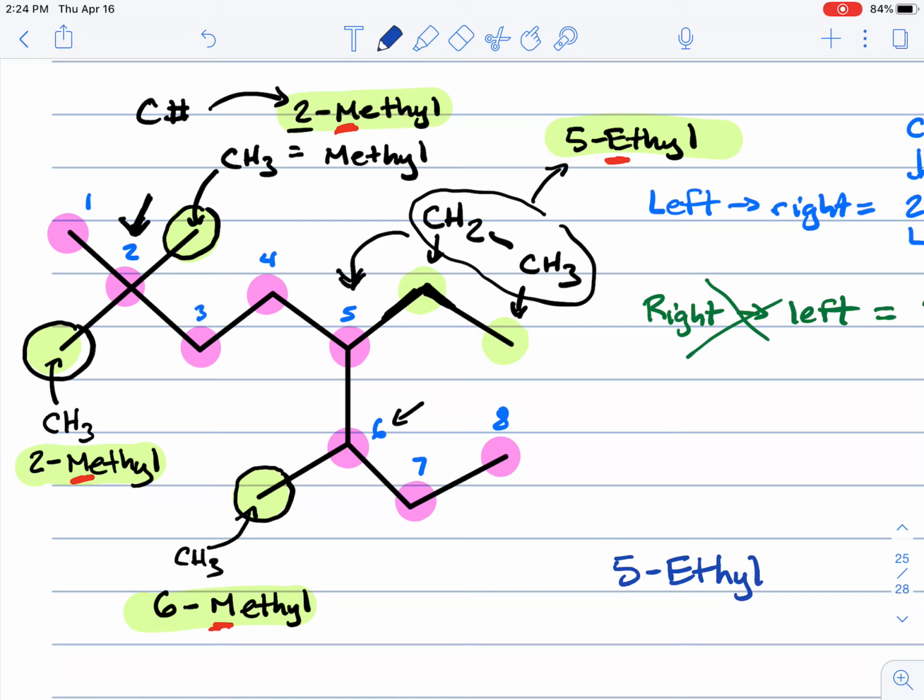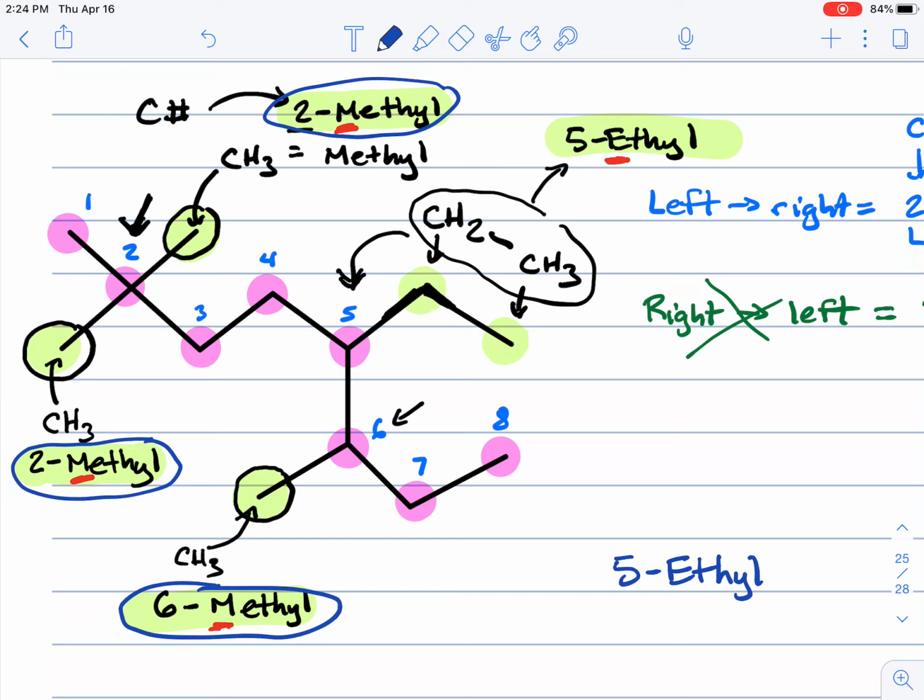All right, and so if you guys look at the remaining substituents, we have repeating methyl groups. We have a methyl group on the second position, we have another methyl group on the second position, and we have another methyl group on the 6th carbon position. And so we're going to combine all of those methyls in one name.